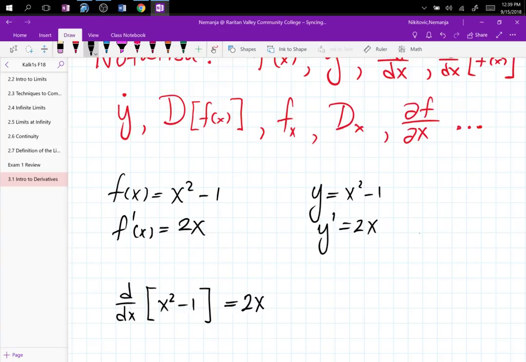So, I told you here, don't play with fire and put f of x equal to 2x, because you are saying the function is equal to the derivative. No, no, no. Look over here. The derivative of a function is a derivative. Well, now that's okay as a notation. Do we all get the difference?